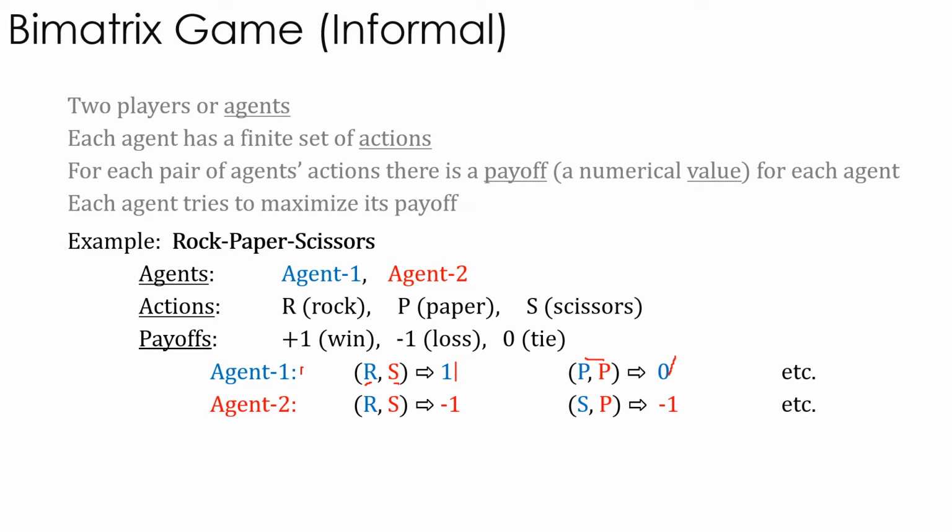For Agent 2, rock and scissors fetches a payoff of -1 because scissors, which is Agent 2's action, loses. Likewise, for scissors and paper, Agent 2's action is paper, which is the losing action, and so again the payoff is -1.